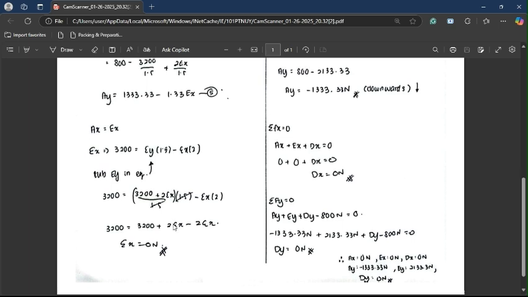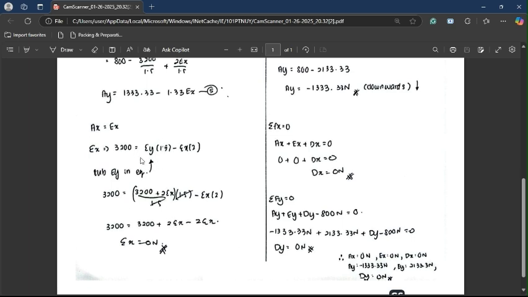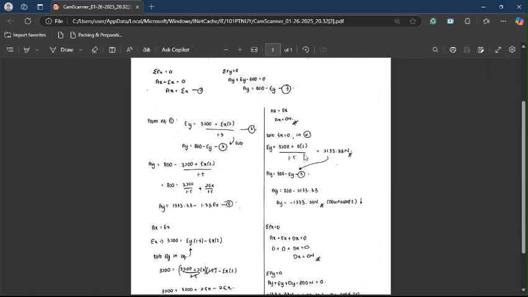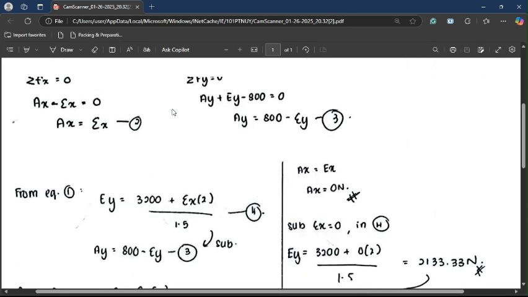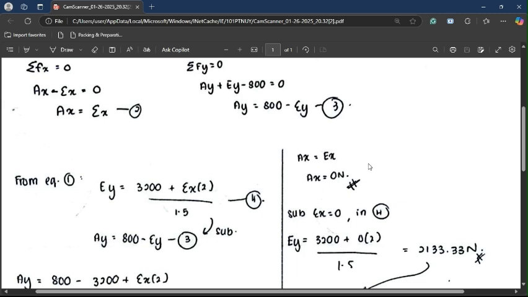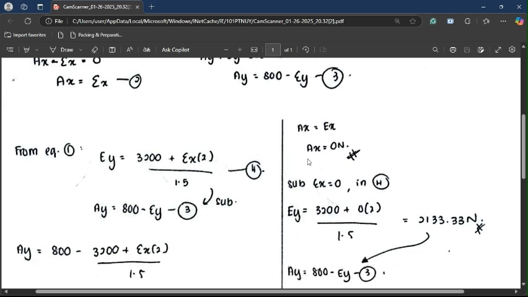So subbing in this Ey for 3200, and solving this, we get Ex equals 0 Newton. After we get Ex equals 0, as you can see Ex here equals Ax. So whatever the value of Ex is going to be the same as Ax. Using this equation, we can get the value of Ax.